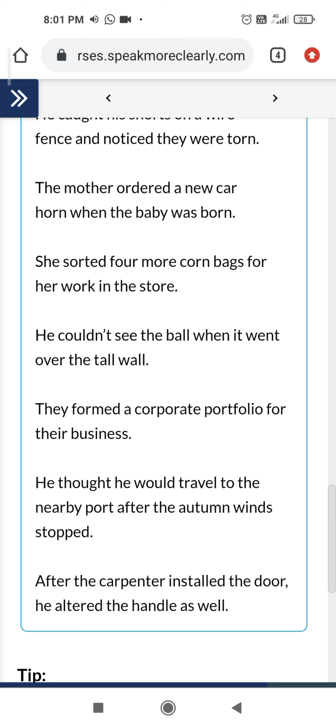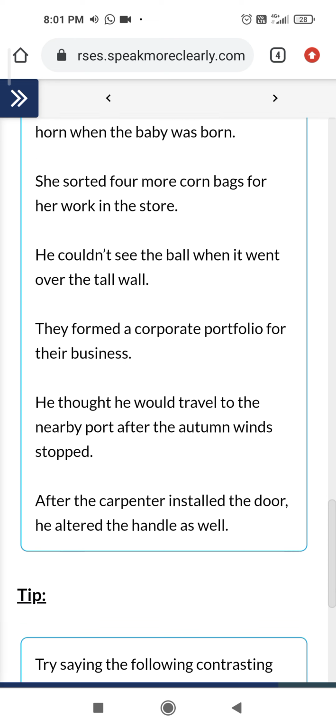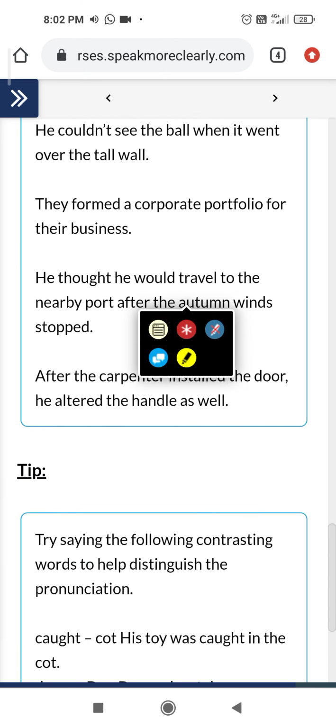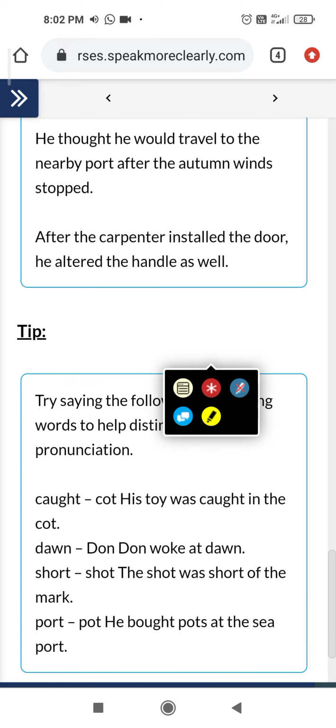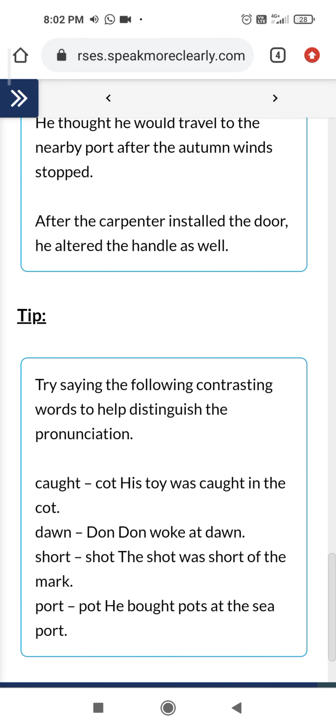Don woke at dawn. Short, shot. The shot was short of the mark. Port, pot. He bought pots at the seaport.